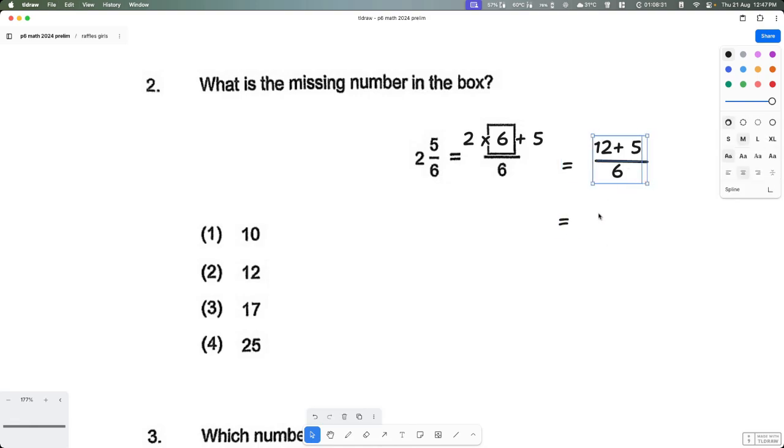So the answer is 17, which is option number 3. Let's move to the next question.